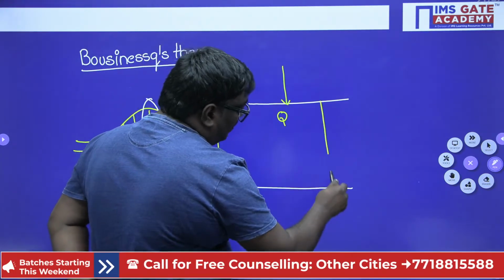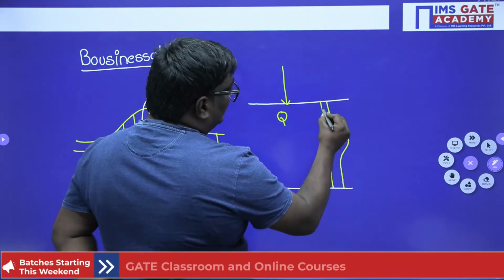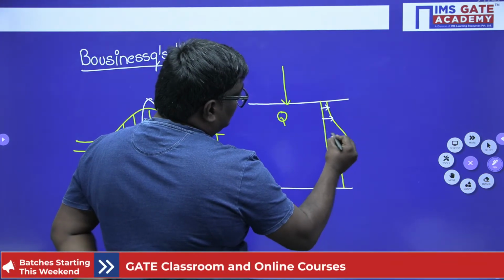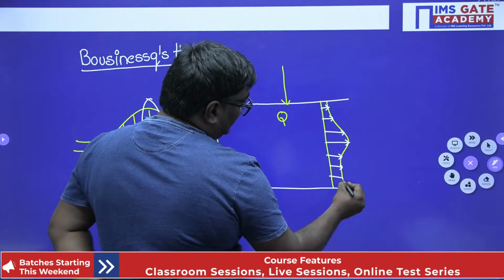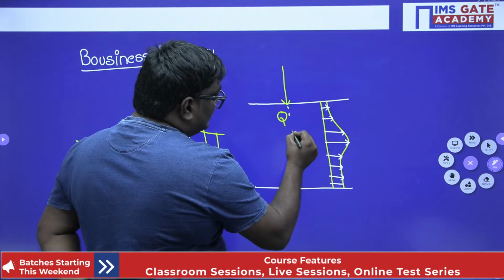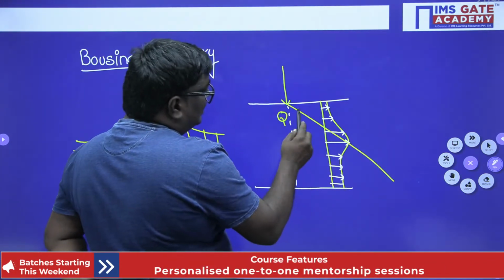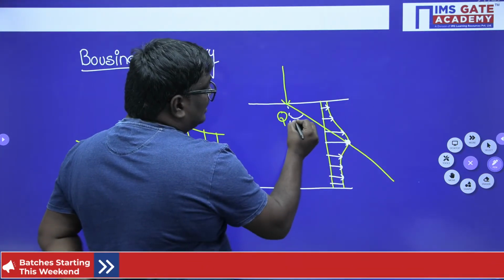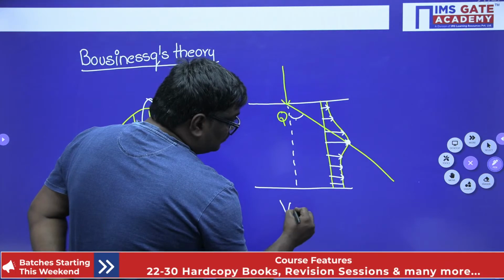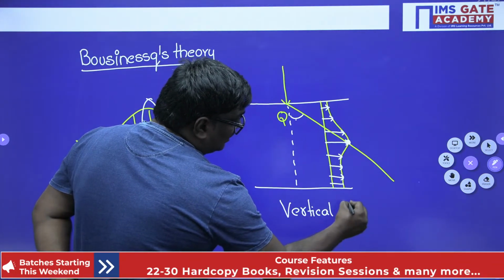In a vertical plane, if I consider this as a vertical plane, the maximum value of the stress is at this point. They can ask you at which angle the stress will be maximum in a vertical plane.